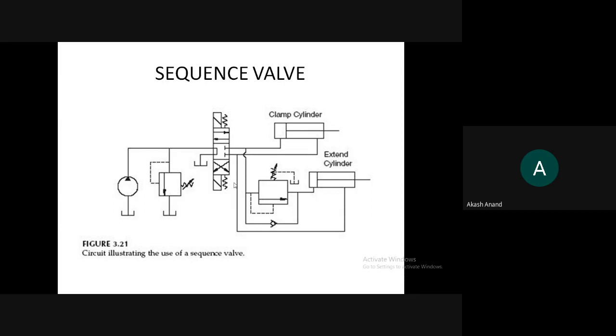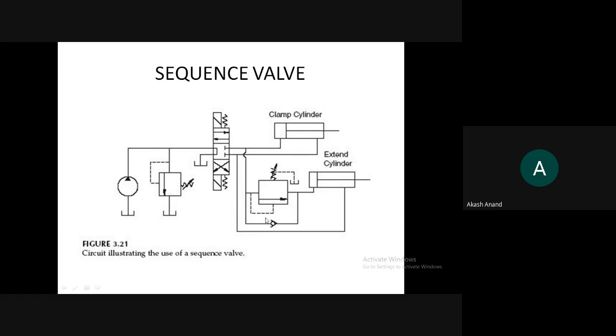So with the help of this circuit, we can simply understand the movement of the sequence valve. Okay. So the important components are clamp cylinder, extended cylinder, and with the help of this diagram or these graphical symbols, you can identify what these components are.